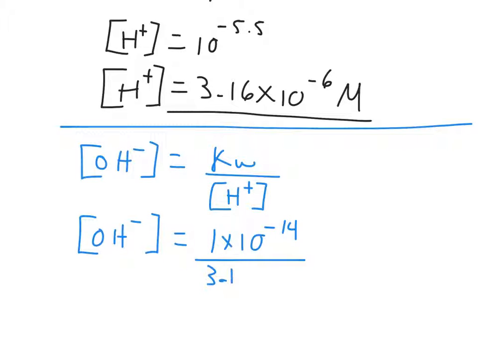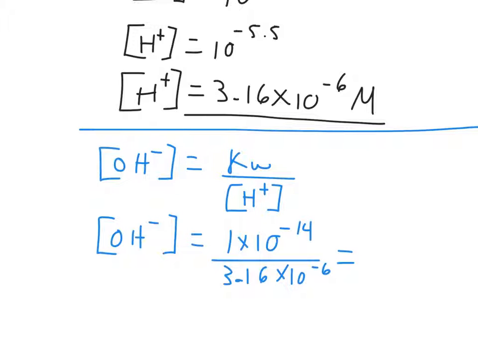We divide it by the hydrogen ion concentration we have right now, 3.16 times 10 to the power of negative 6, and that will give us the result. Once we do it, the result is 3.16 times 10 to the power of negative 7. No, sorry, negative 9. I'm going to write it again. There it is, negative 9.